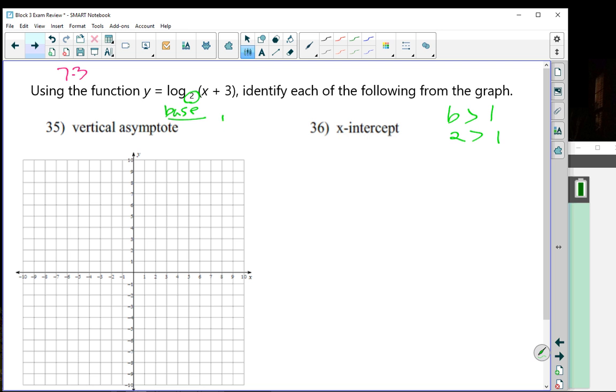And we said that my B is equal to 2. Okay. So, all I need to know now is this part right here, I'm going to graph. And that becomes my parent graph. You guys remember the points that we used? 0, 1.